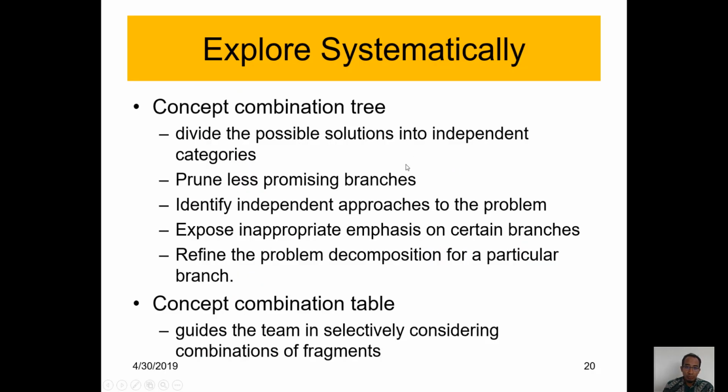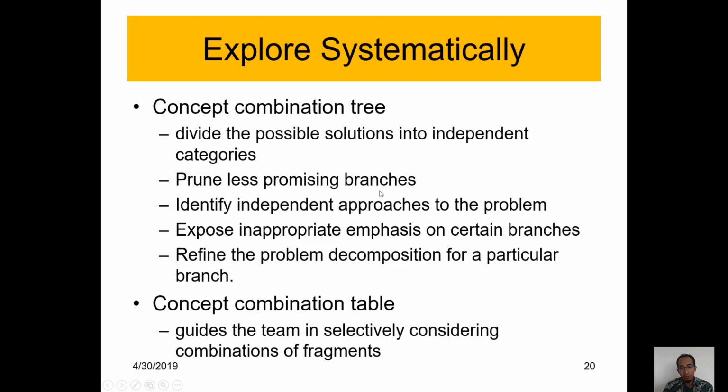And then we try to explore those alternatives systematically. We need to have something called a concept combination tree. We will learn about that in a minute. And we will have a concept combination table. What is a concept combination tree? There are some points here. We divide the possible solutions into independent categories.